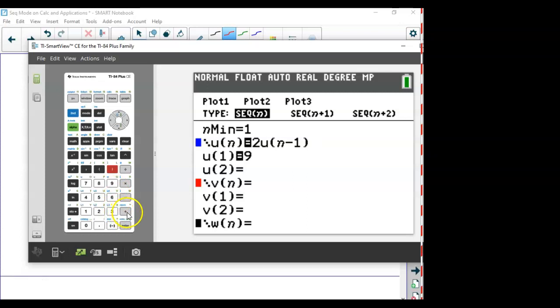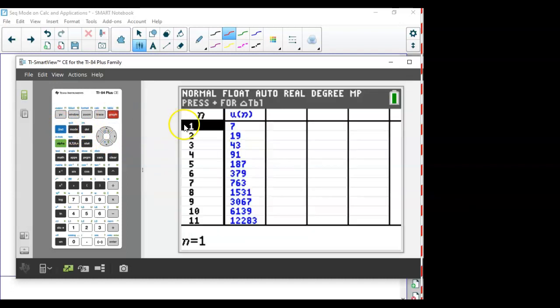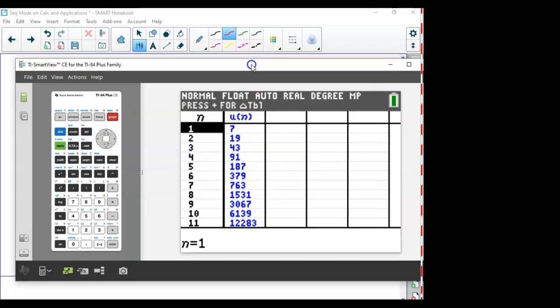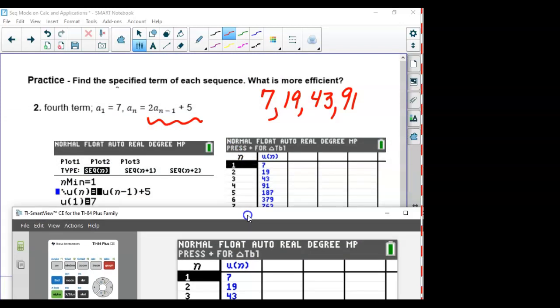Then was it plus 5, guys? And the first term was supposed to be 7. So right underneath the sequence where yours either says u sub n min or u sub 1, put in a 7 and then go to the table. And it says 7, 19, 43, 91. So 91 is the 4th term. Not sure it was more efficient to use the calculator, okay, but 4th term was 91.